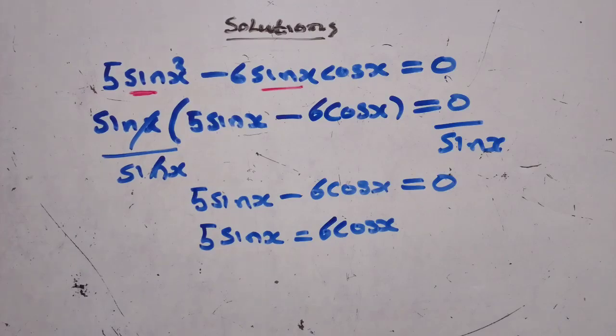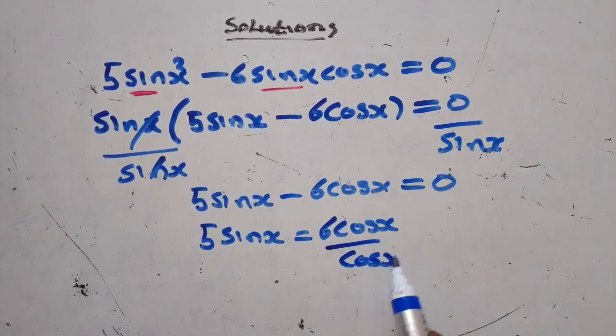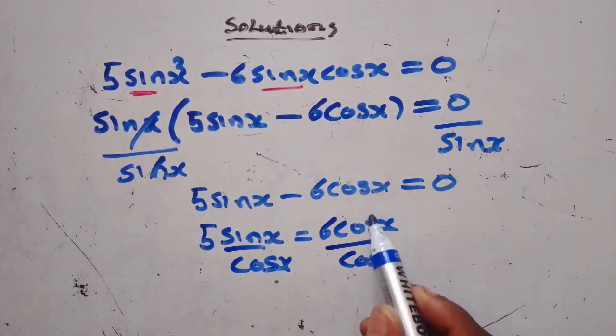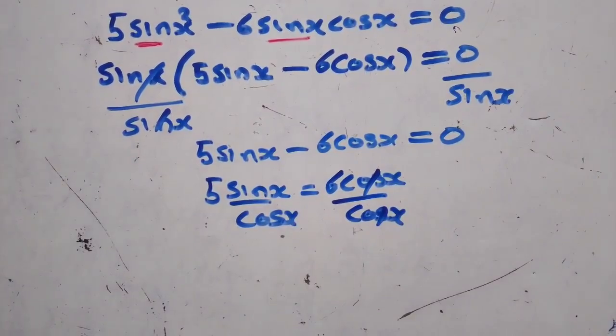Then if you want, you can divide both sides by sine x, or you can divide by cos x. Let's divide by cos x because that will be easy. So over cos x, this and this will go, and you are going to remain with 5 sine x over cos x.